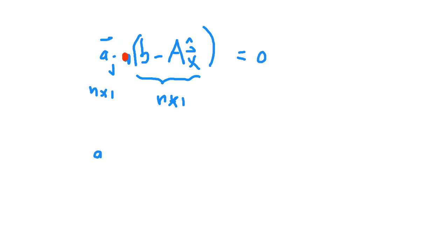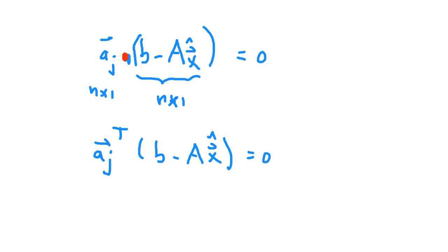You can express a sub j as a sub j transpose and multiply it by the vector b minus A x hat, and that will equal 0.